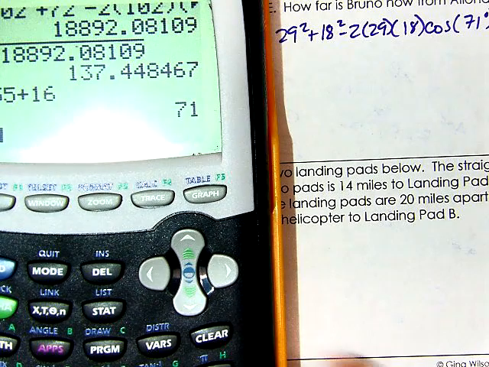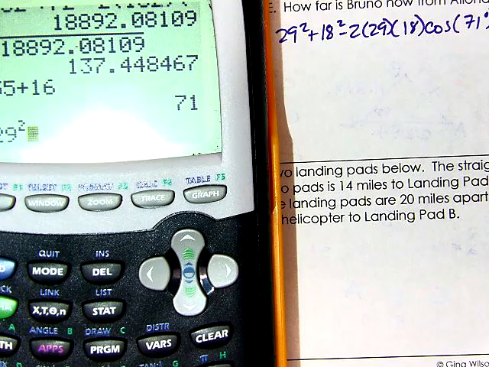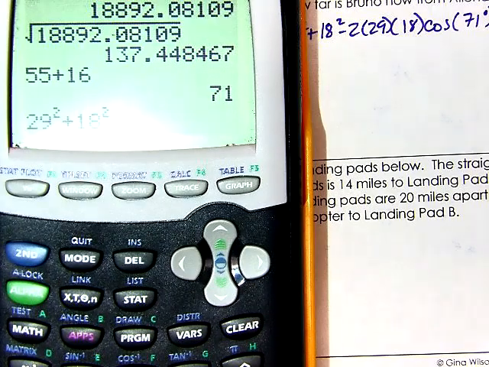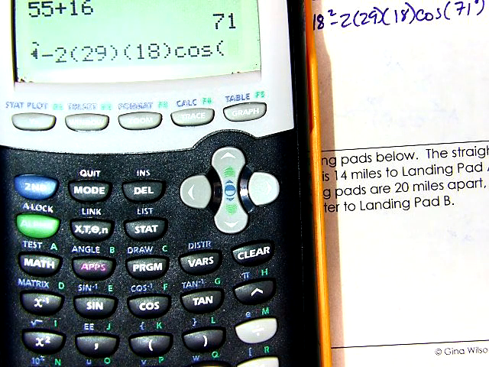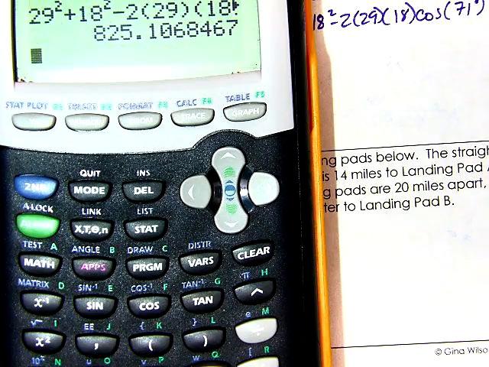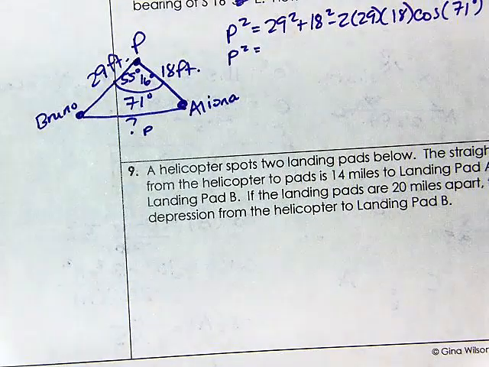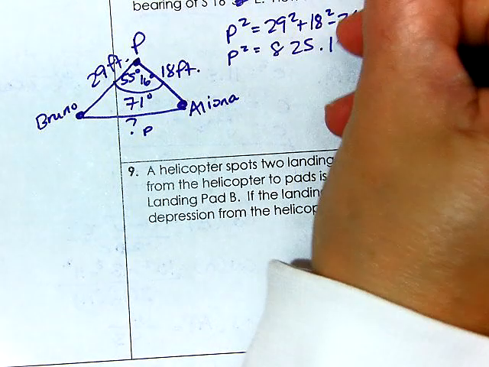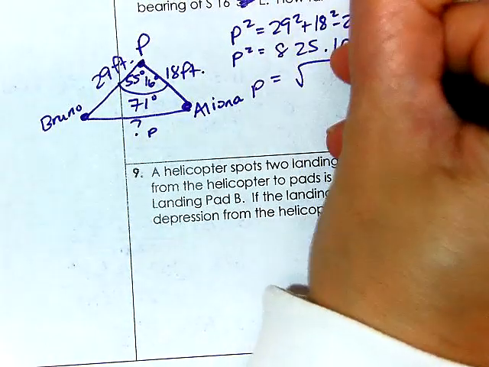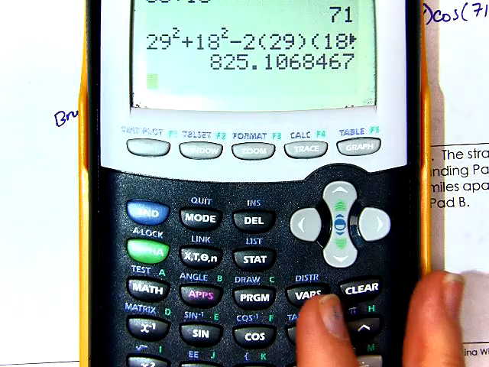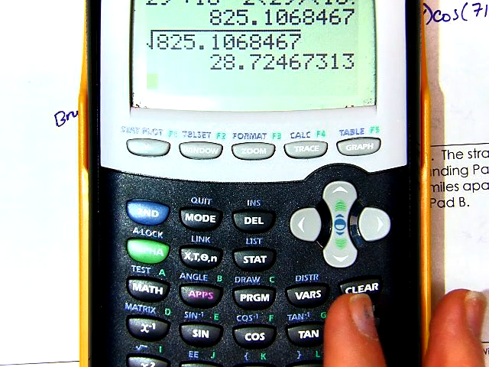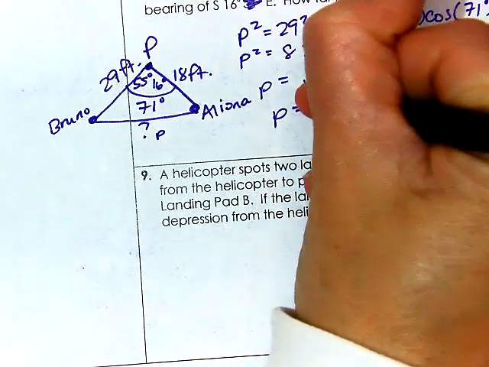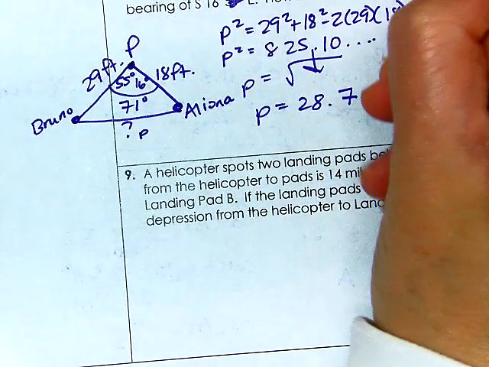And I get 29 squared plus 18 squared minus 2 times 29 times 18 times the cosine of 71. And I get 825 and that mess. And so P equals the square root of it. So second square root, highlight your answer, enter, enter. 28.7 feet apart.